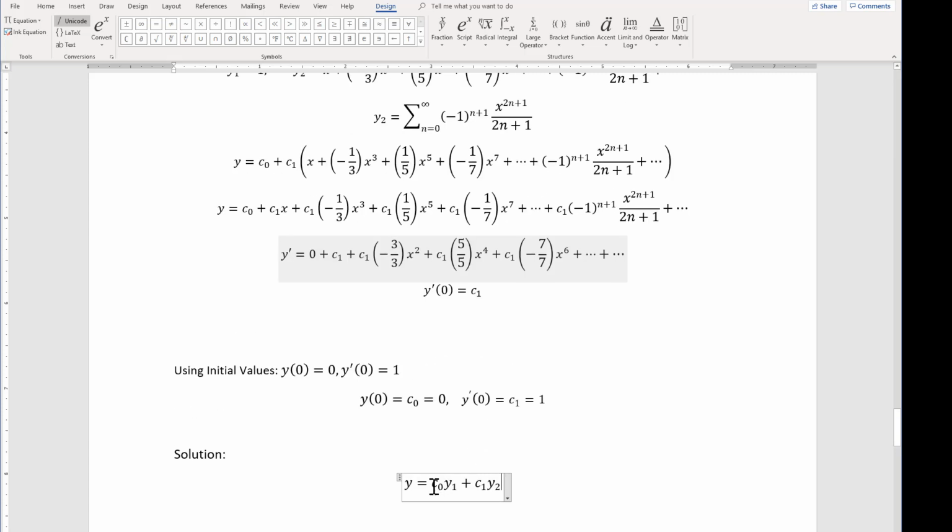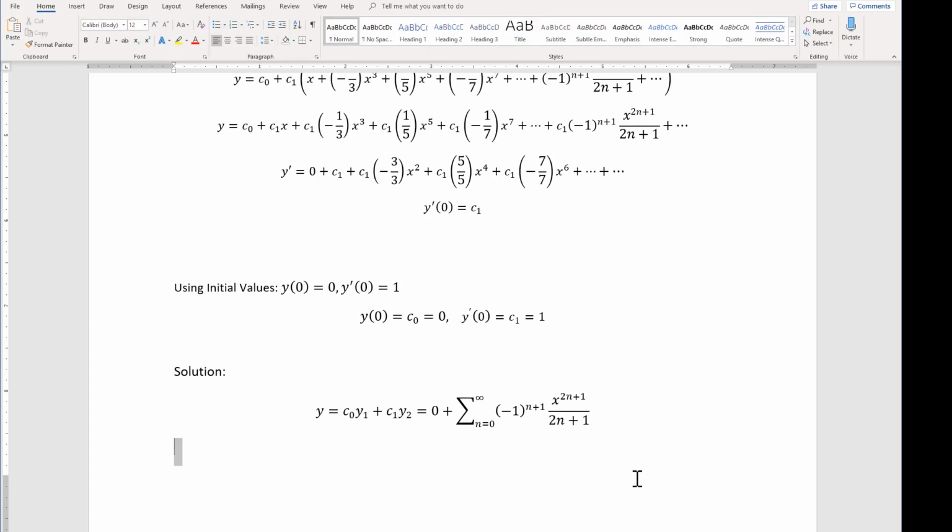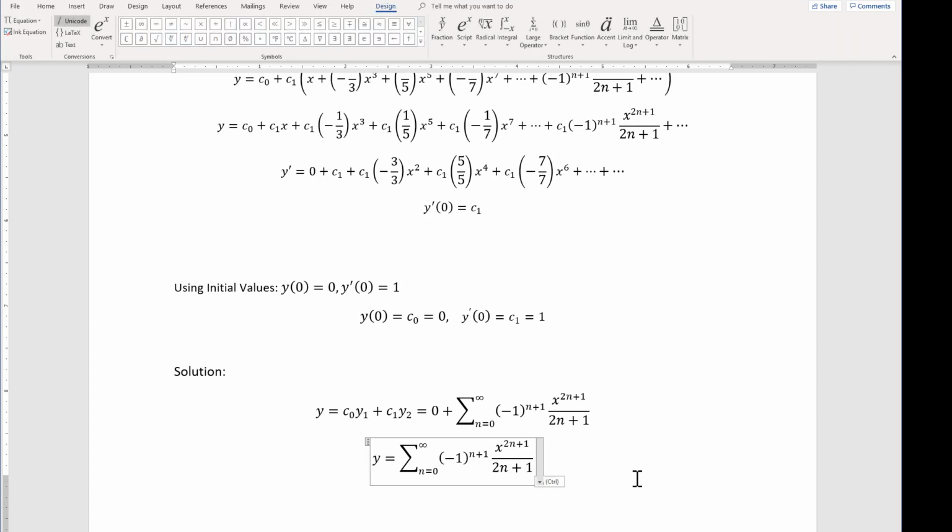So this is going to be 0, and then plus C sub 1, where C sub 1 is equal to 1. So that's just going to be 1 times y sub 2, and y sub 2 is just this series. So this is going to be your solution. So y equals this. Okay?